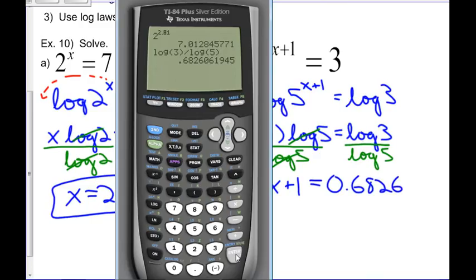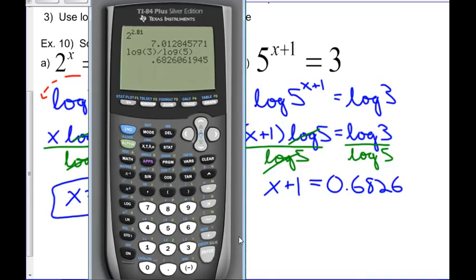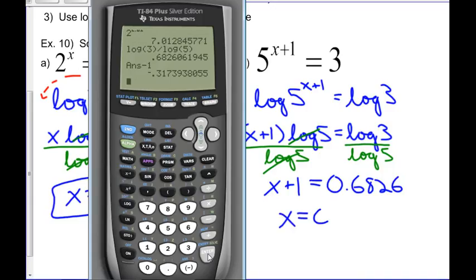Looks good. Okay, and that's what x plus 1 is equal to. If I want x on its own, I'm just going to subtract 1. So negative 0.317. Okay, and if you go and check that in the original equation, it really will work.